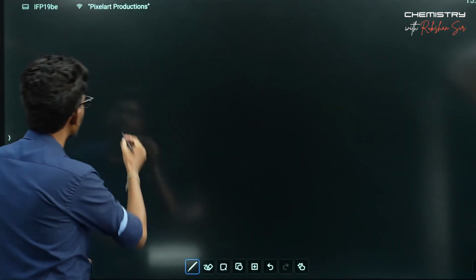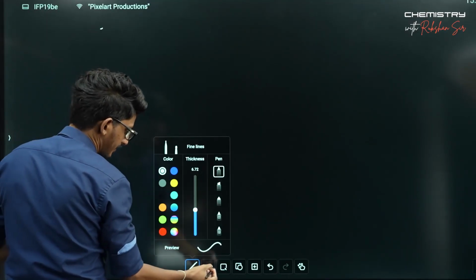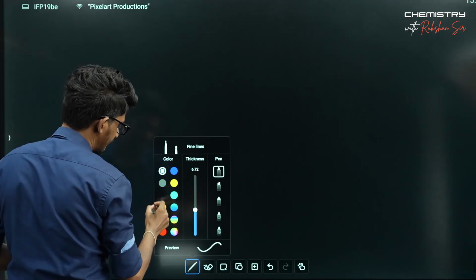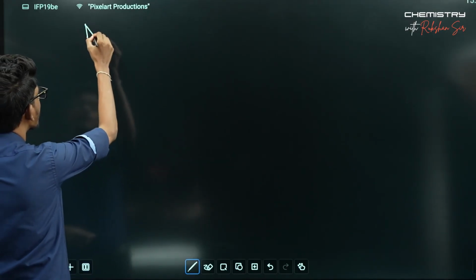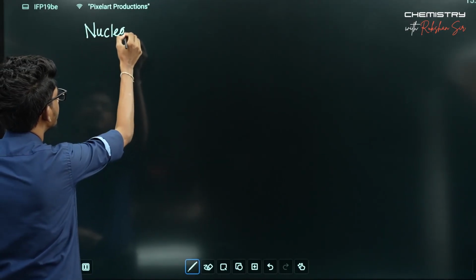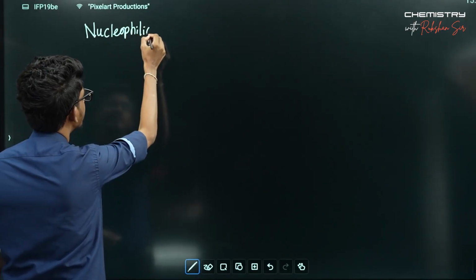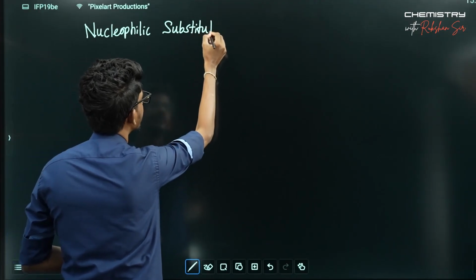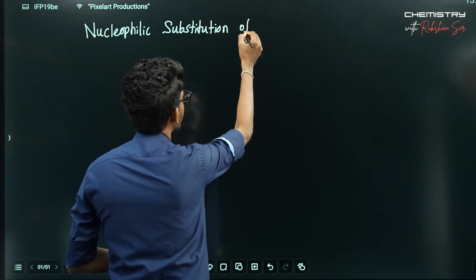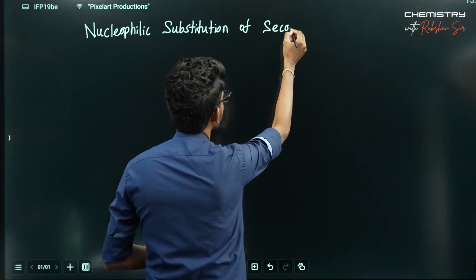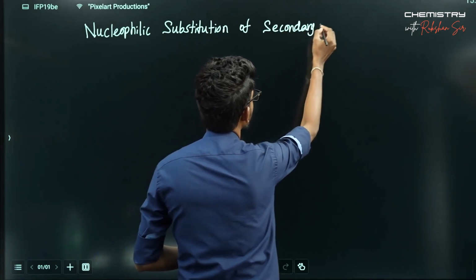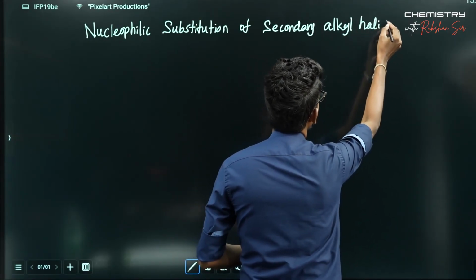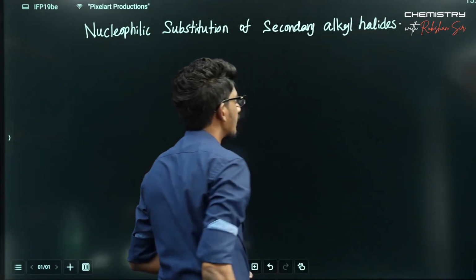This is regarding the nucleophilic substitution of secondary alkyl halides, right?